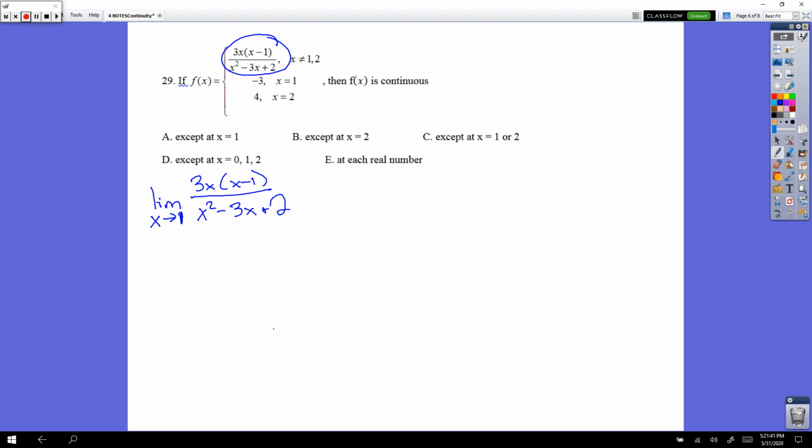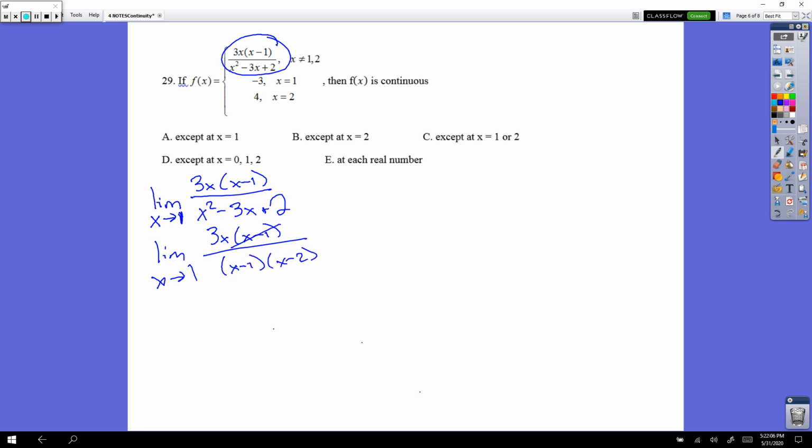So checking the denominator, plugging in 1, I get 1 squared, which is 1, negative 3 times 1, which is negative 3. So 1 minus 3 would be negative 2, plus 2 is 0. So we've got a factor. On the bottom, I need factors of 2 that add up to negative 3, so that would be negative 2 and negative 1.